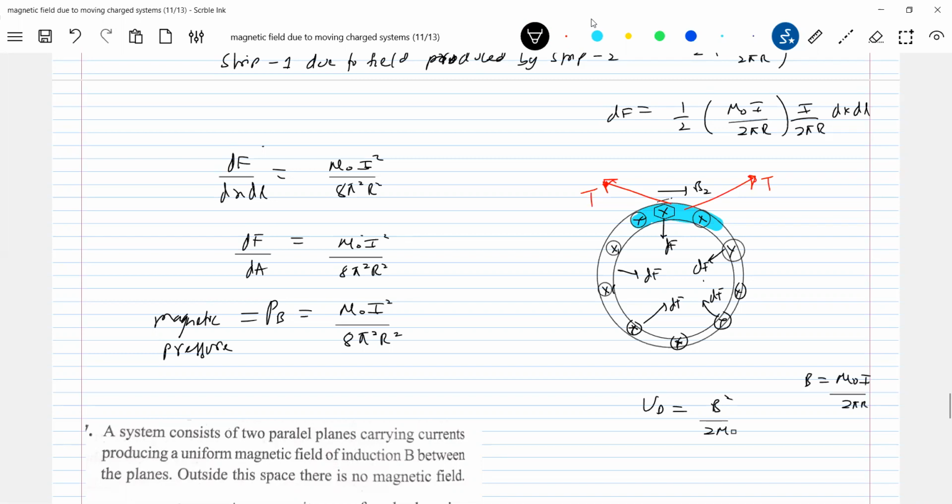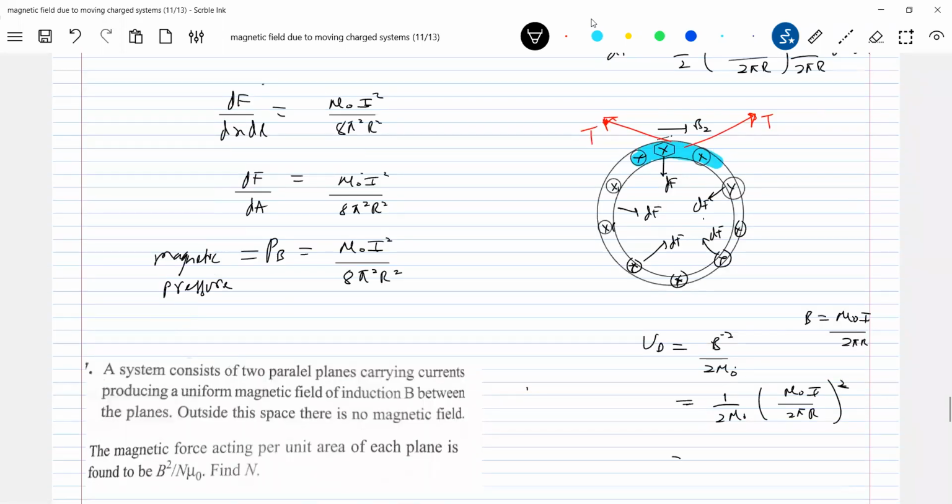Substitute that, you see. You will end up with the answer very easily, no? 1 by 2 mu naught, then you get mu naught I square by 8 pi square r square. It's over. But will the pipe contract or expand?